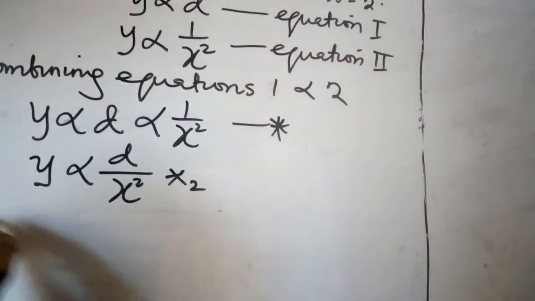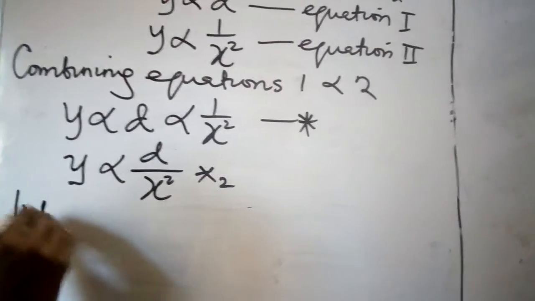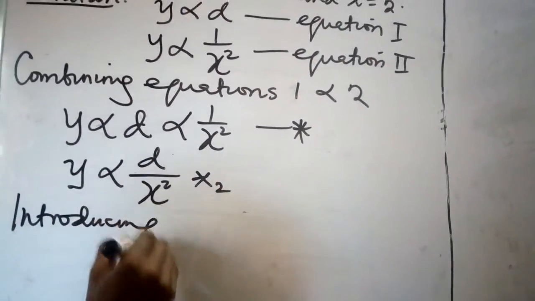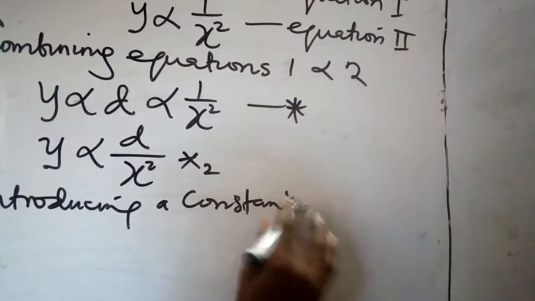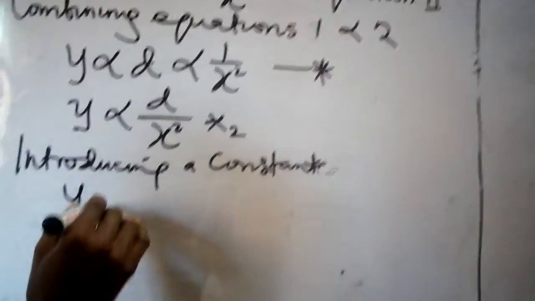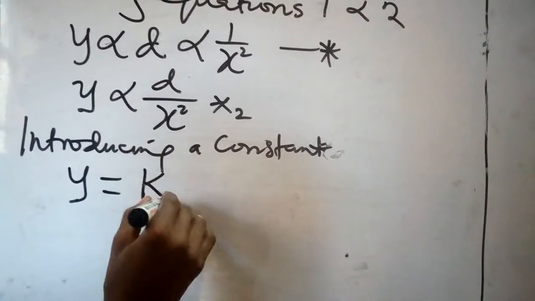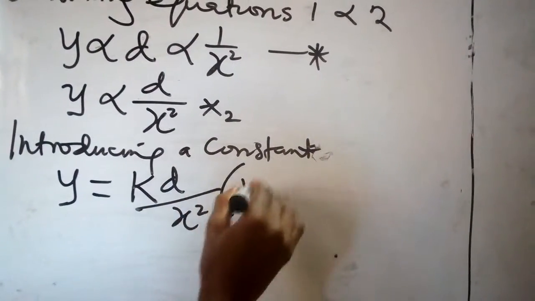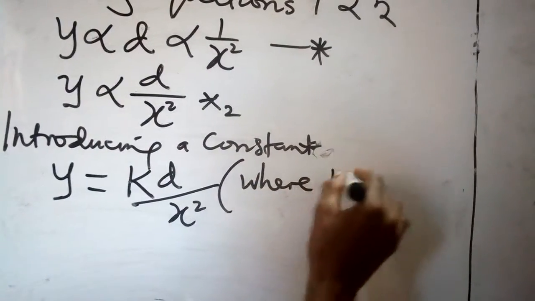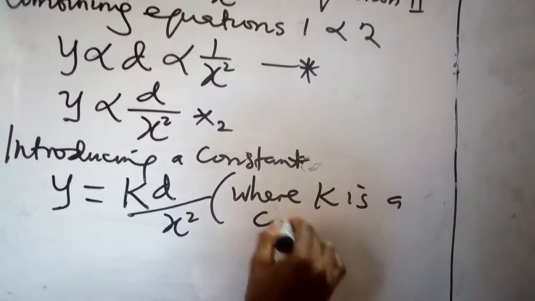Now introducing a constant, you say y equals k d over x squared, where k is a constant.